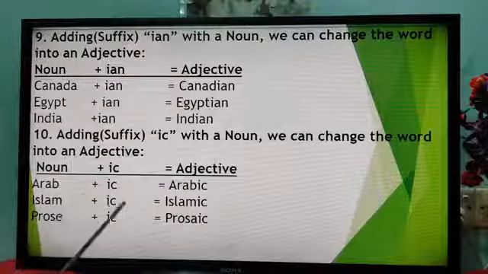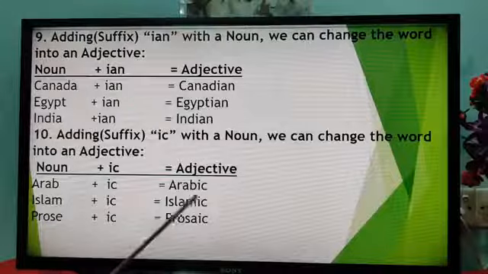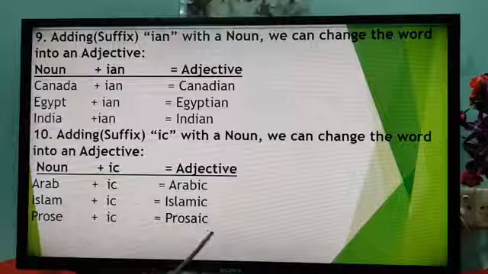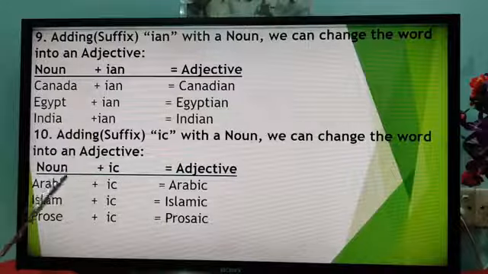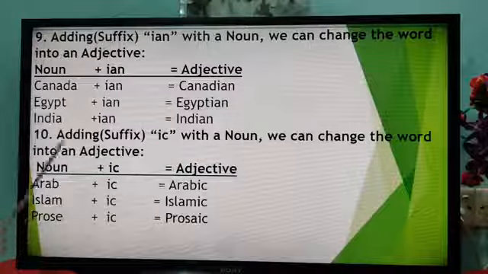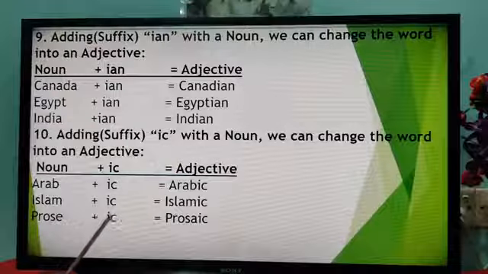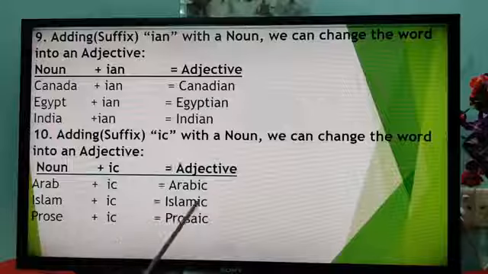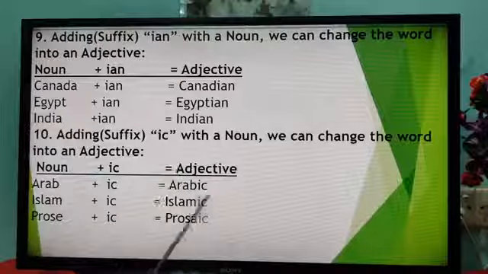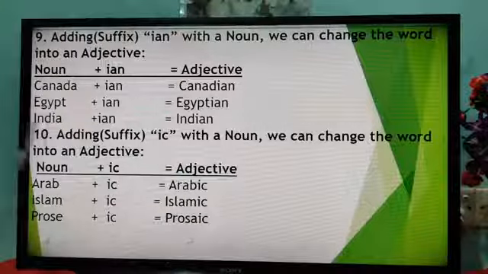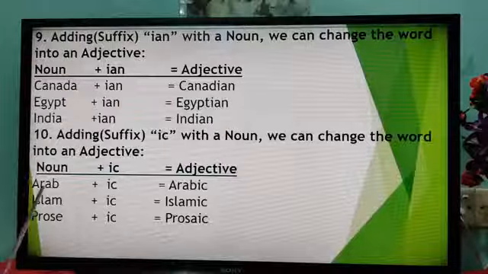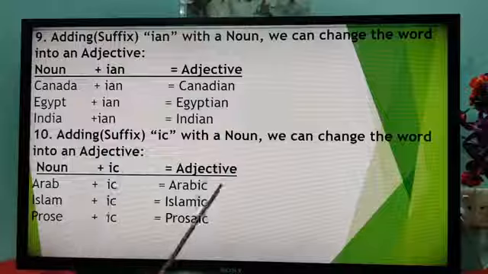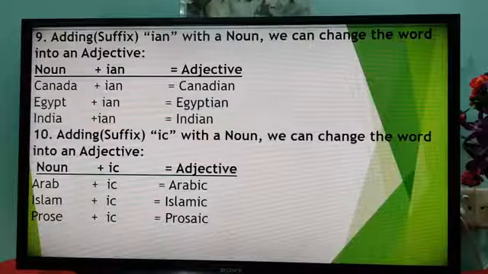Islam, ic suffix, Islamic. So these are nouns and these are suffixes. These are new words and form adjectives. So adding suffix ic with a noun, we can make it an adjective. Okay?